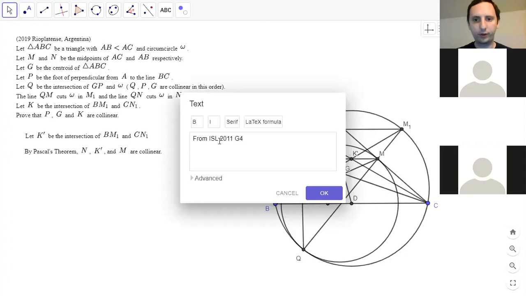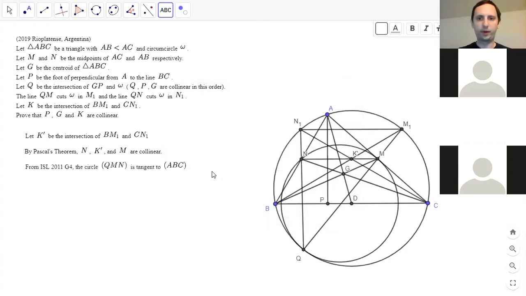G4 or G2? G4. Okay. All right. And then by homothety at Q, NM is parallel to N1M1.